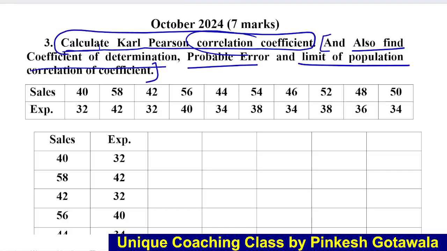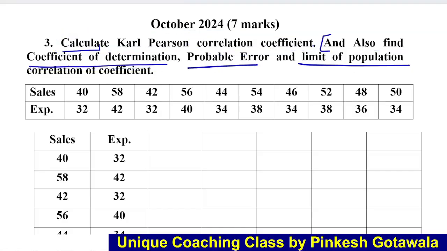But I have added three extra things in this question: the coefficient of determination, which we saw in the previous sum, then another new point, probable error, and the limit of population correlation coefficient.